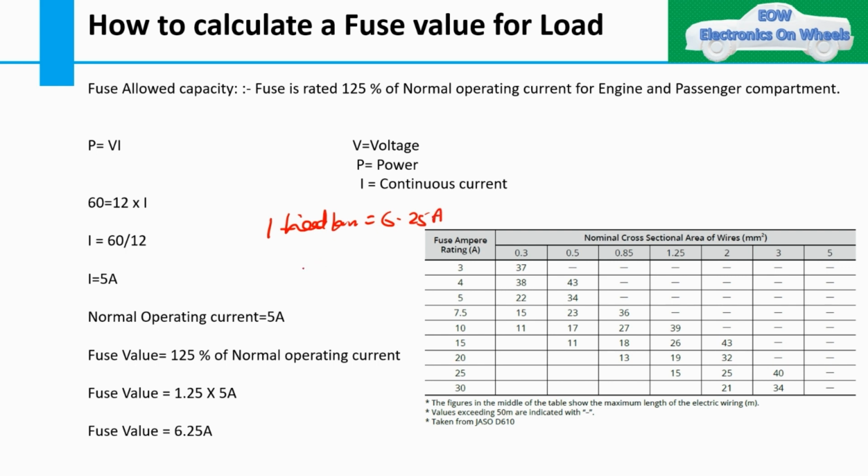But as you know, in the headlamp we have the low beam and high beam. Second thing, the high beam we call the main beam. In the main beam, that is called high beam, we have left hand side and right hand side. So we have actually two bulbs. For one bulb, the headlamp, it is 6.25, but we are using it for left and right hand side.